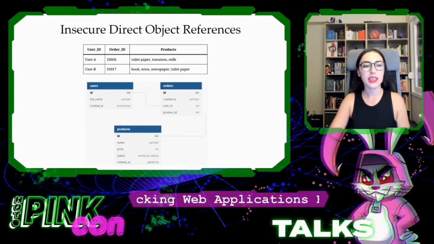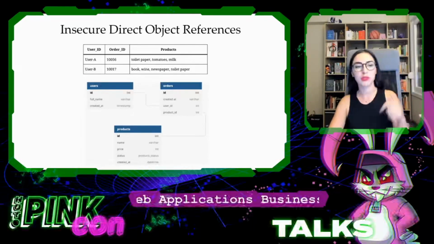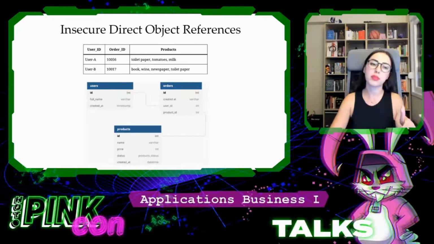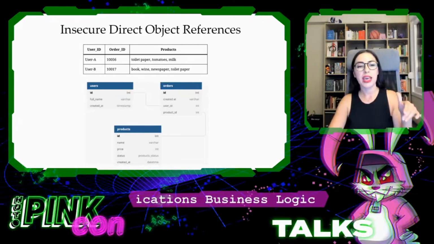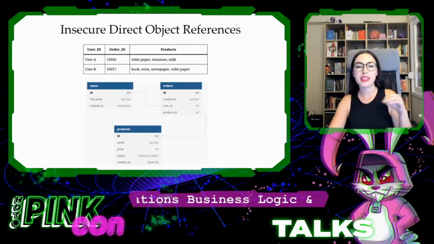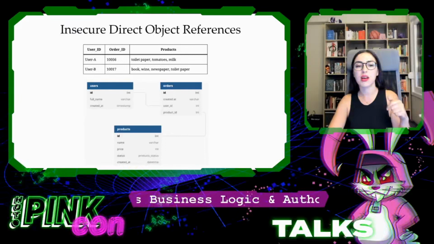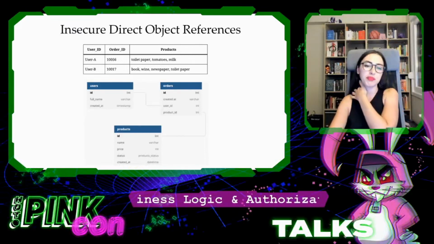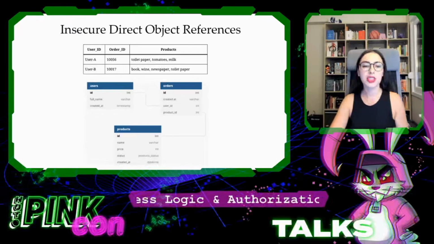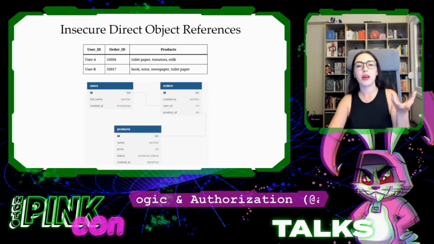As you can see here in the presentation, we have a table. We have two users in our table. The first one is user A, the second one is user B. There is an order ID belonging to each user, and they selected some products and created an order list. Those are under the products column in the table. And under the table, you can see a relational database of our website.